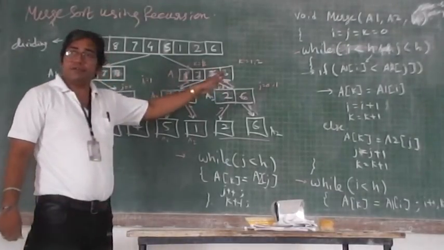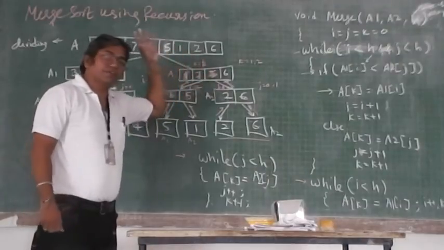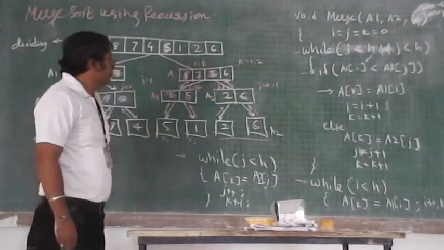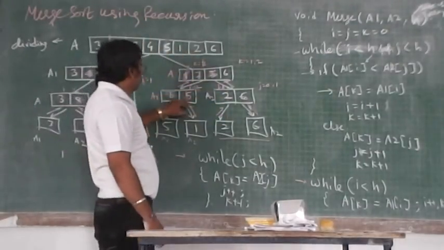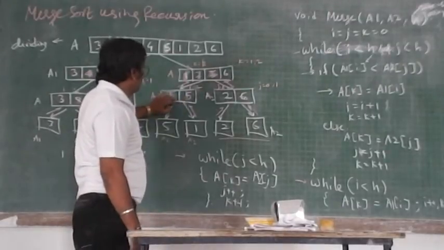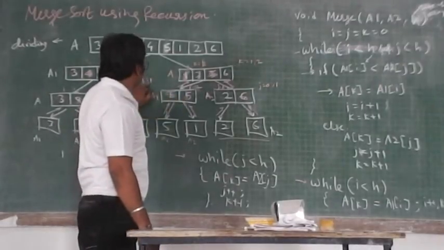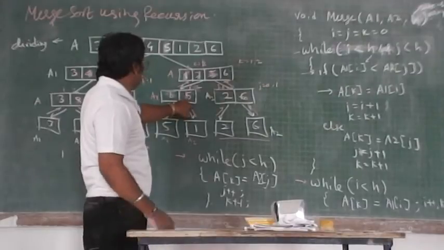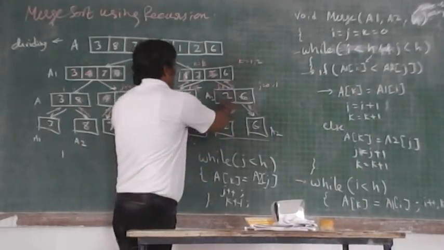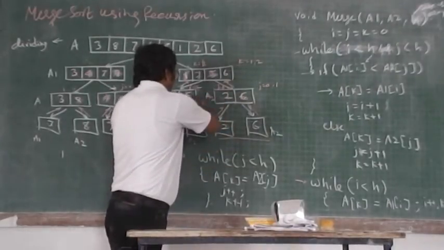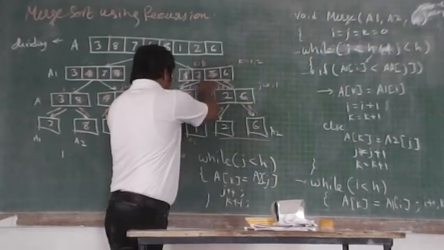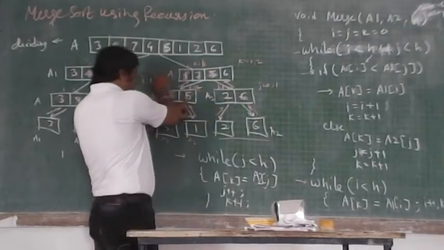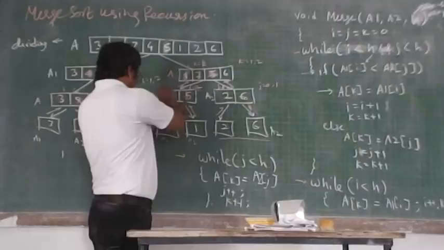I or J increment, and K increments as well. Look there. Now, what happened? I is 1, so I1 will be compared with 6. J is 1, so 5 will move to here. In that case, I will be incremented to 2, right?